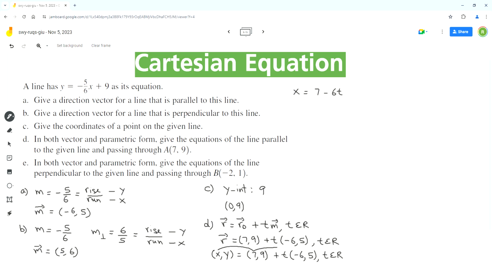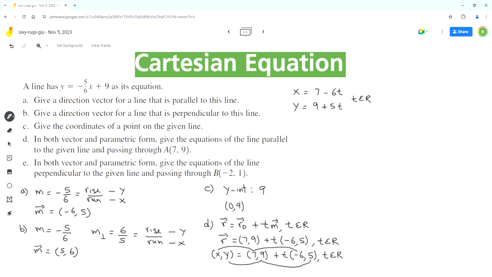For the y equation we'll use the y component and we'll multiply 5 by t. So this is the y equation. So these are the parametric equations for a line that is parallel to the given line.